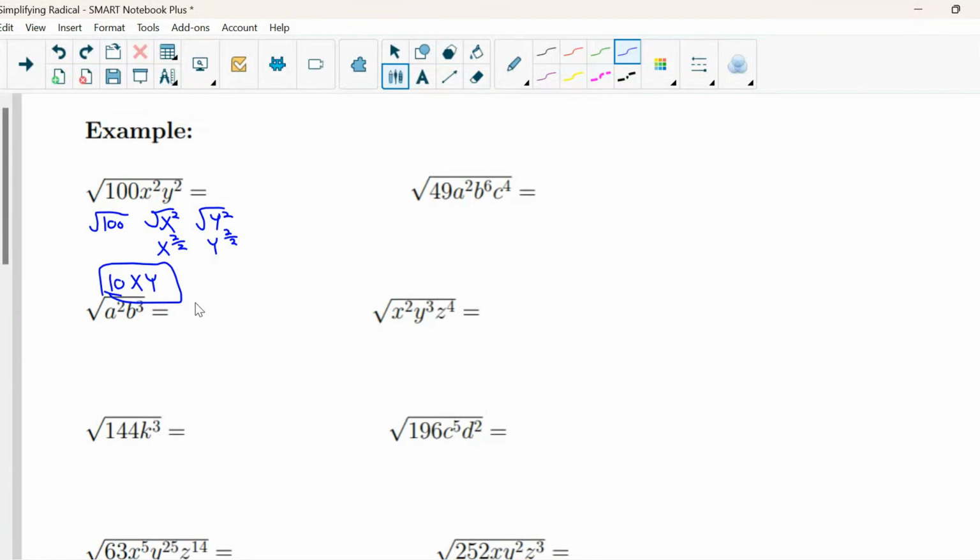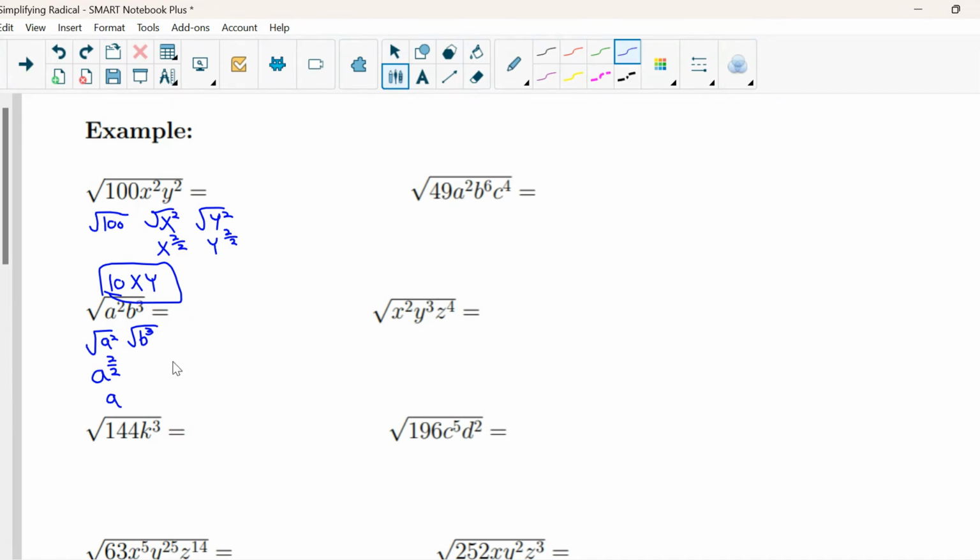All right, continuing down. With this one, let's go ahead and split it up again. So I've got the square root of a squared times the square root of b cubed. Starting with a squared here, 2 is divisible by 2. So this just gives me a to the 2 divided by 2 power, which just gives me a.